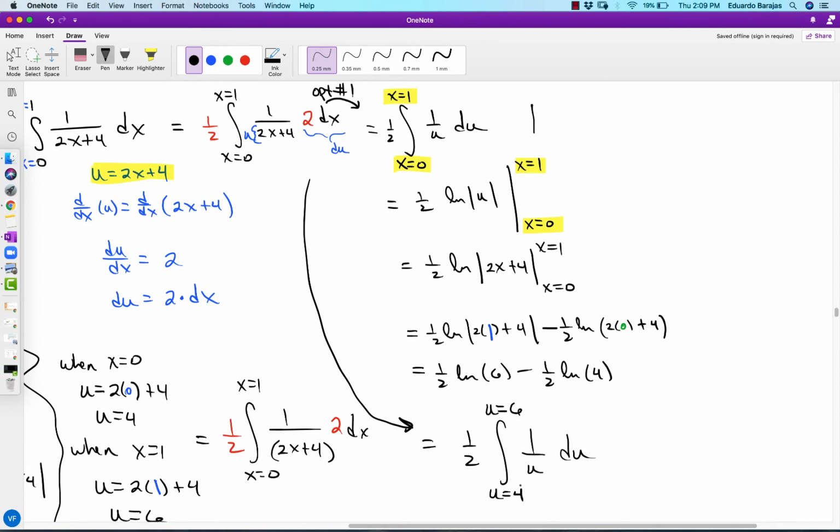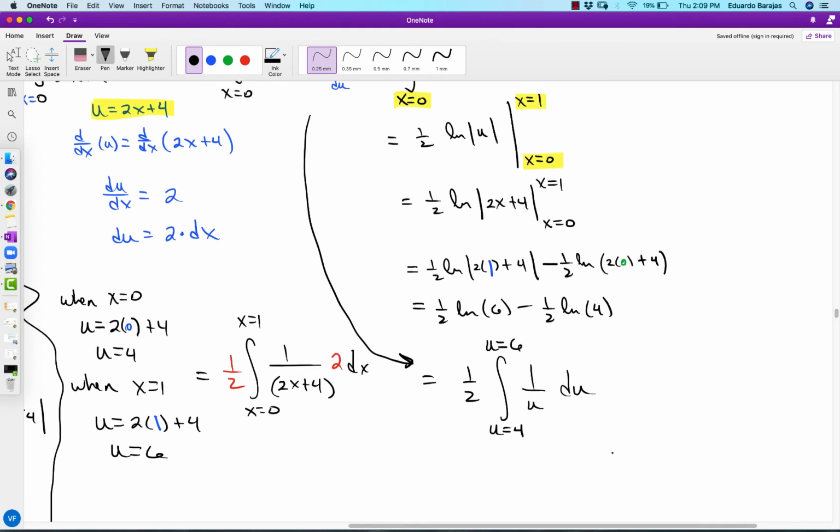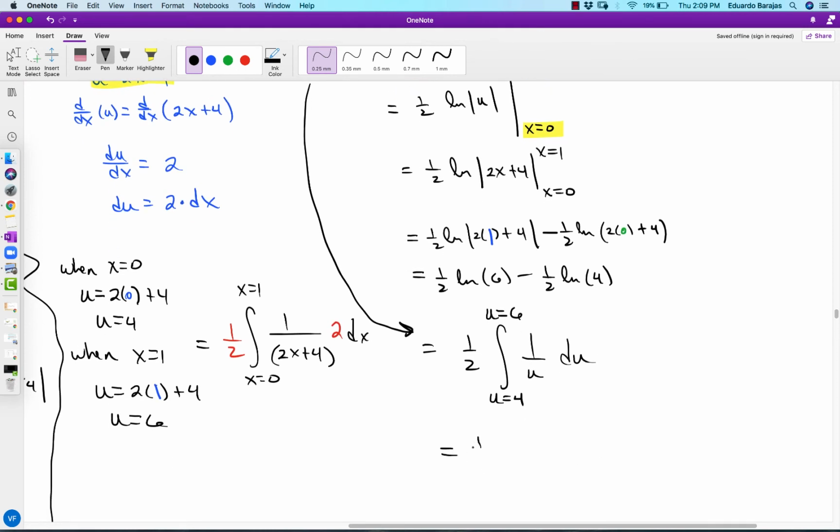And now they all match. The limits of integration match the variable of integration, and the function is written in the same variable. Everything is u. So now we can evaluate this. Just like before, the answer is going to be equal to 1/2 ln of the absolute value of u, evaluated as u ranges from 4 to 6.